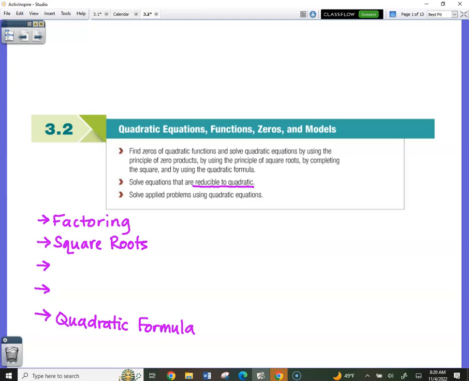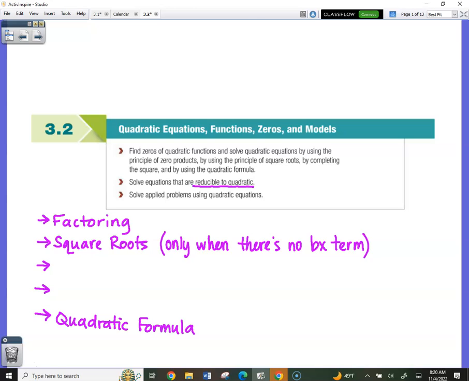Solving by square roots only works when the middle term, which is called the bx term, is gone. That's the only time you can solve by square roots.